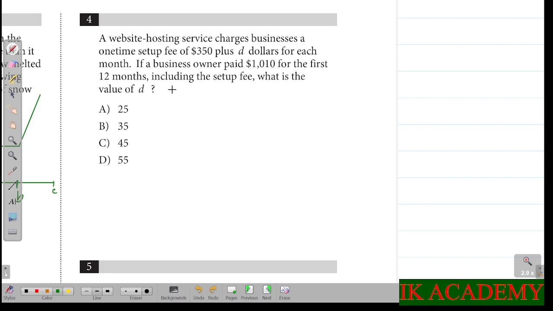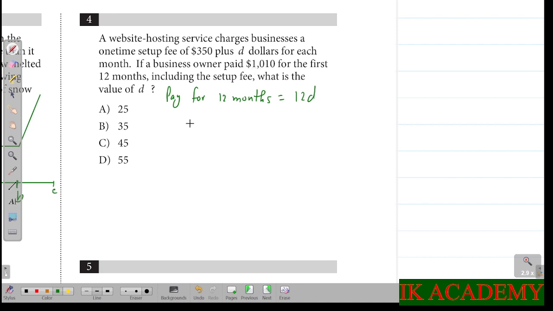So we know the amount he has to pay for 12 months is equal to 12D, because D dollars for each month, and for 12 months we have to multiply the amount of each month by 12, so we will get the amount for the 12 months. Including the setup fee, we have to add the setup fee to it, and it will give us the total amount which a business owner has paid.